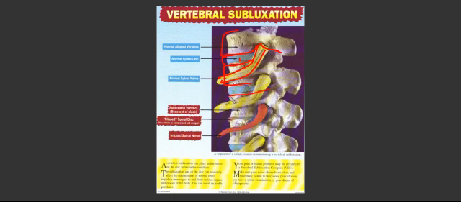Now if you come down here, you have this vertebra here and this here, and you could see this is not moving how it should, and it's not aligned how it should, and you have a compressed or wedged disc.